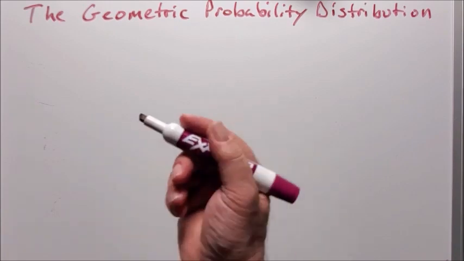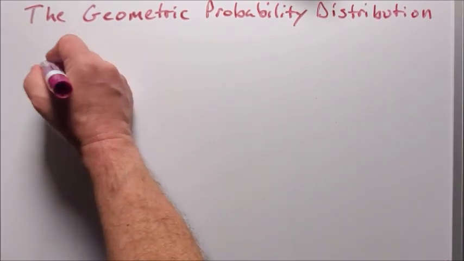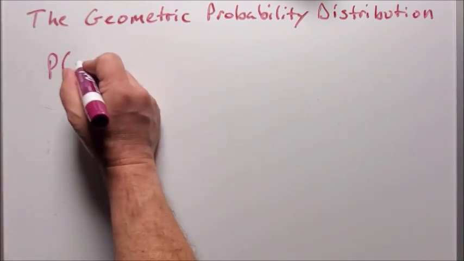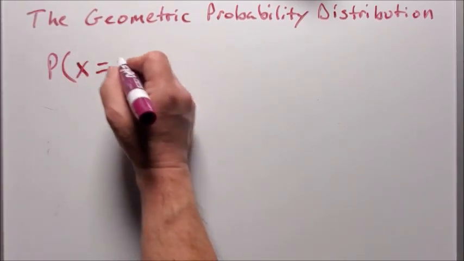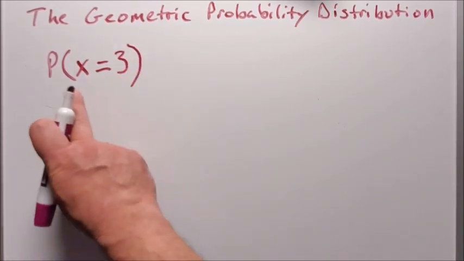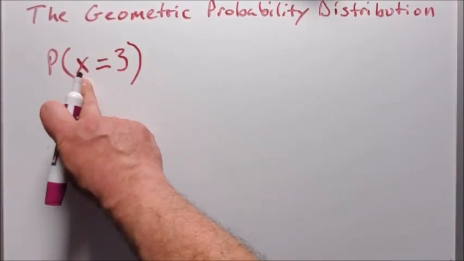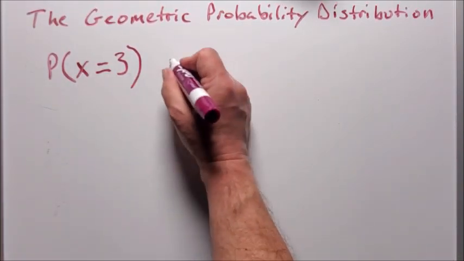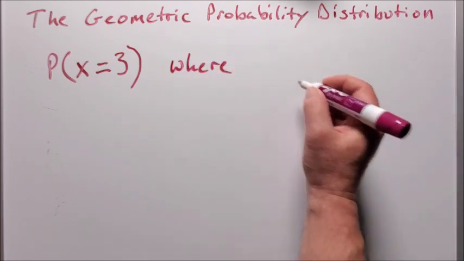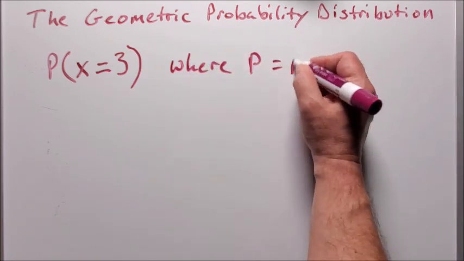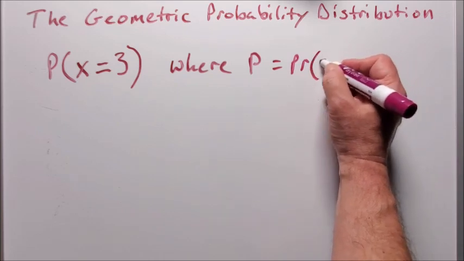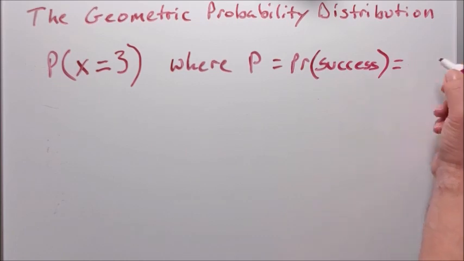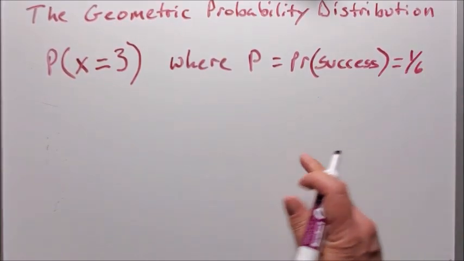We saw a couple of things. Now I'm going to write this as a geometric probability question. To find out the probability that x, our number of trials, should equal 3, where p is the probability of success. We use p as a variable here, equals 1 over 6.